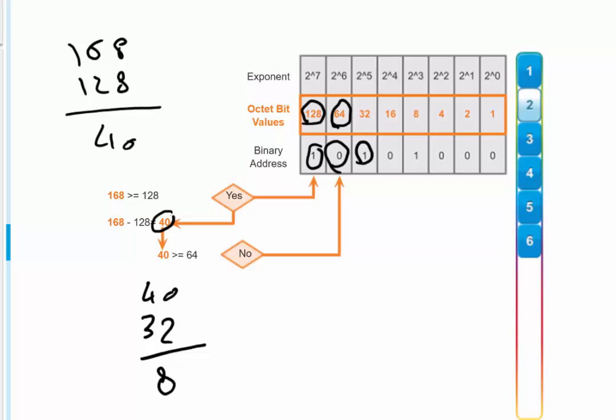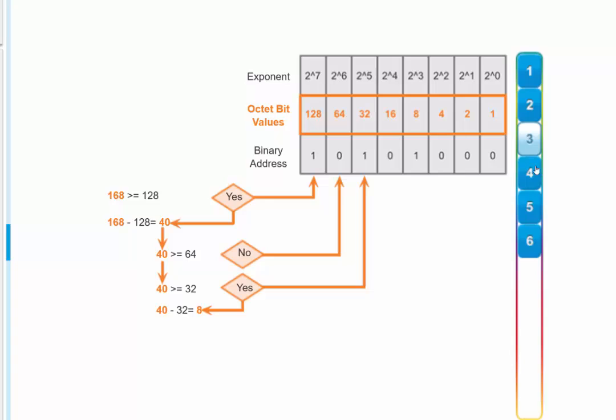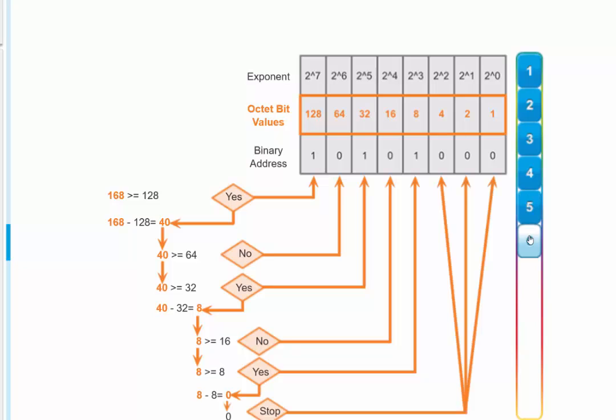So that's what happens in step 3. And we keep doing that until we represent the whole number, which in that case will be 1, 0, 1, 0, 1, and then 3 zeros, because 8 corresponds to 1 here, as we can see. So that's how we convert from decimal to binary.